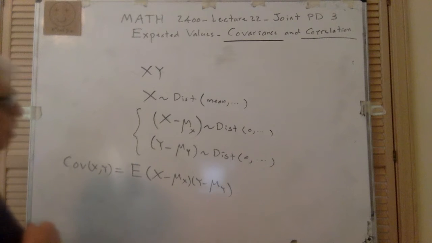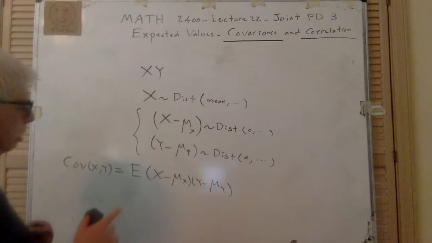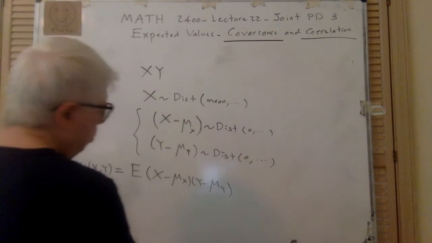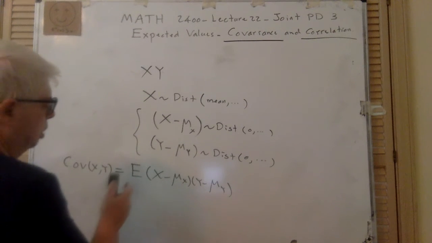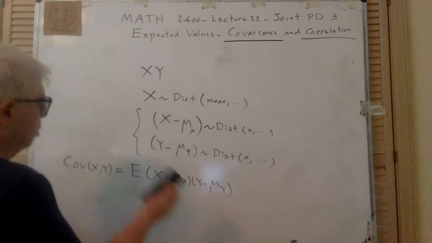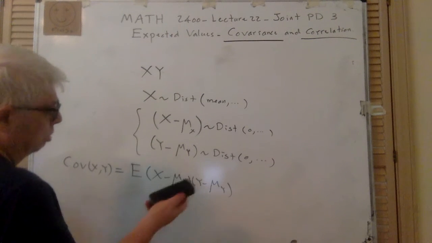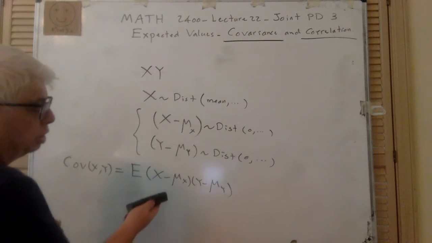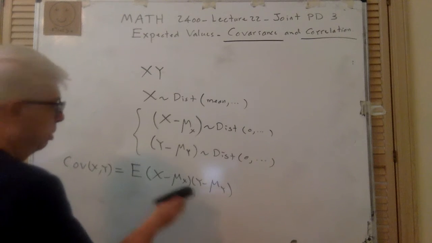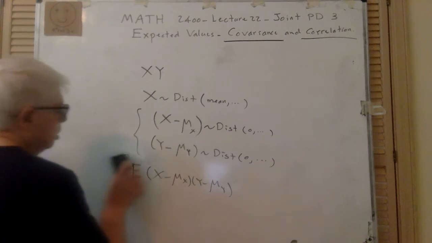Okay, now for this covariance, let's use properties of expected value to see if we can come up with another, much better formula. Sometimes it's easier to use this one, for example. But let's do this.